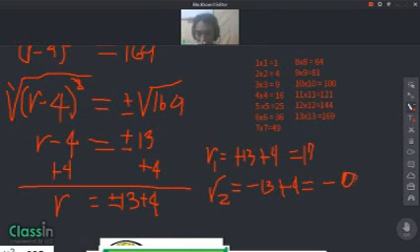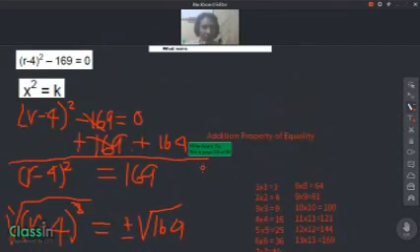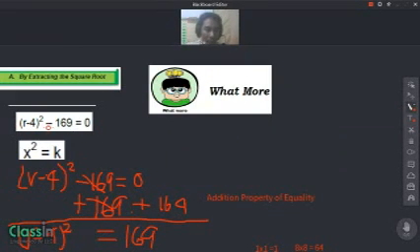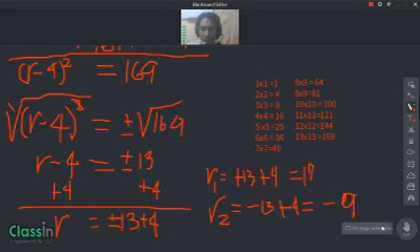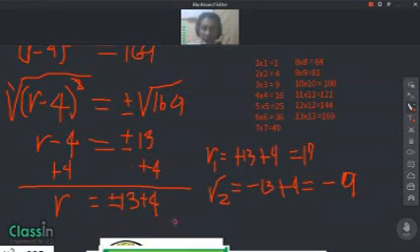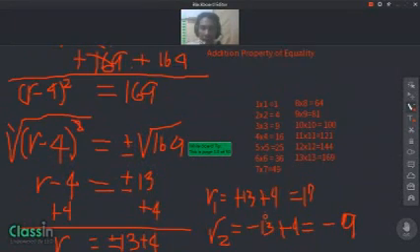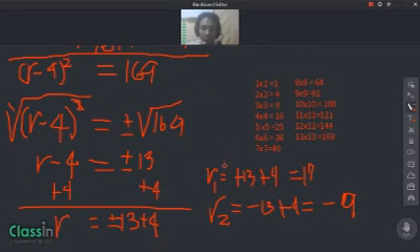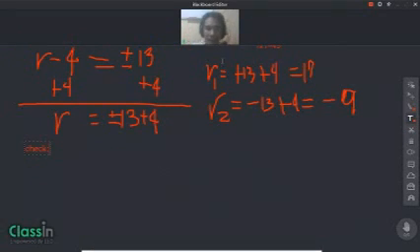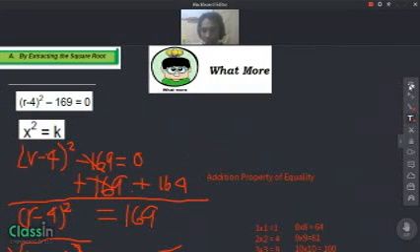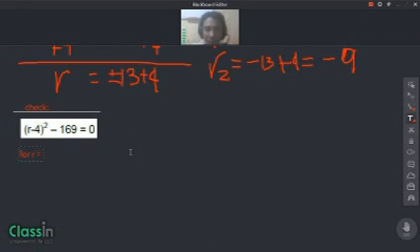So we have now the solution of our equation quantity r minus 4 squared minus 169, and the values of r are positive 17 and negative 9. So if we are going to check these values in our equation, this will satisfy our equation. The equation will become true. Okay, so shall we check? We will copy our equation here. Equals 17.